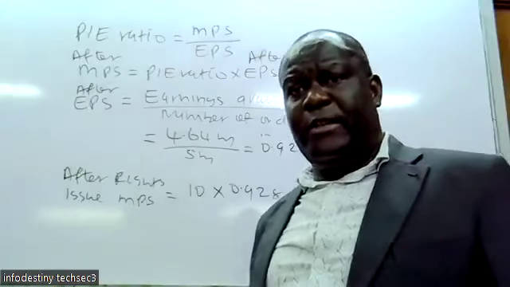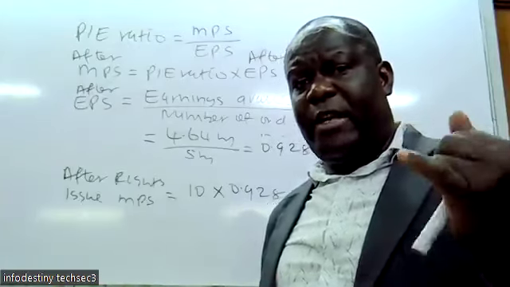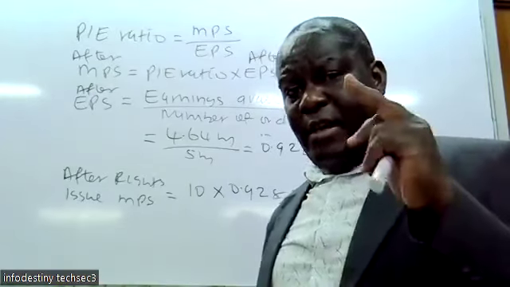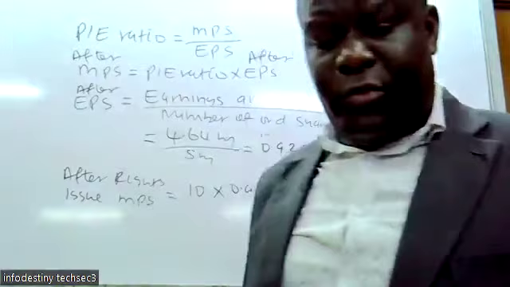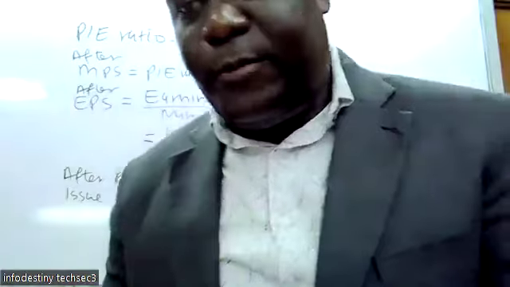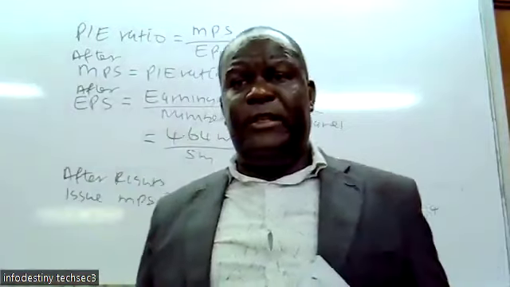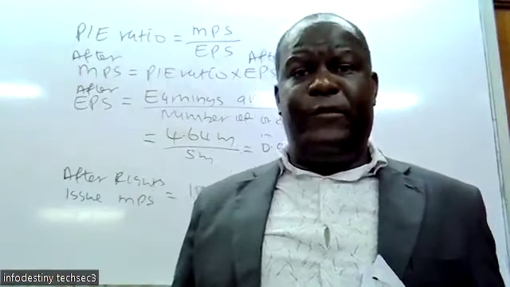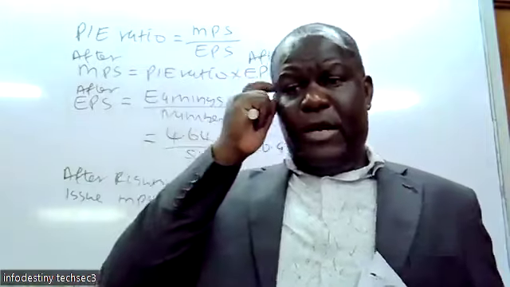Most of you are not in class, so I will be forwarding them to the class group today. Remember to print them, not to leave them on the group, because sometimes they can be deleted. So you print them and then you go through them.